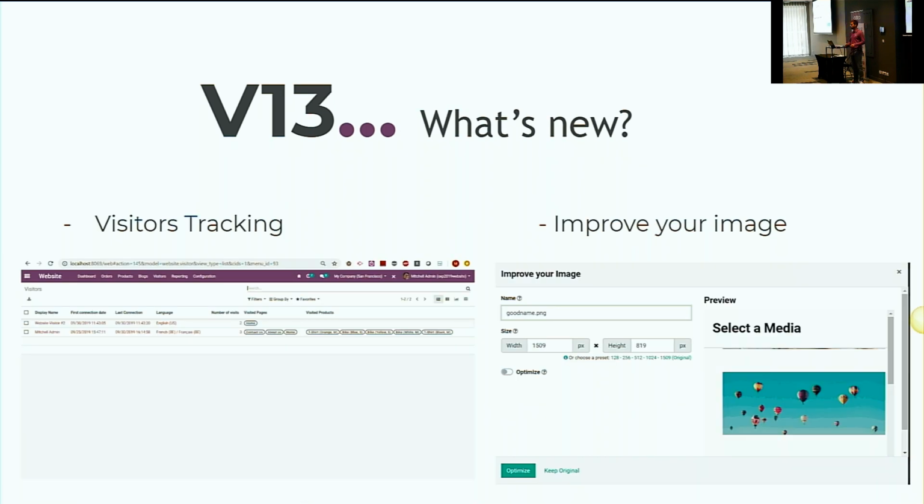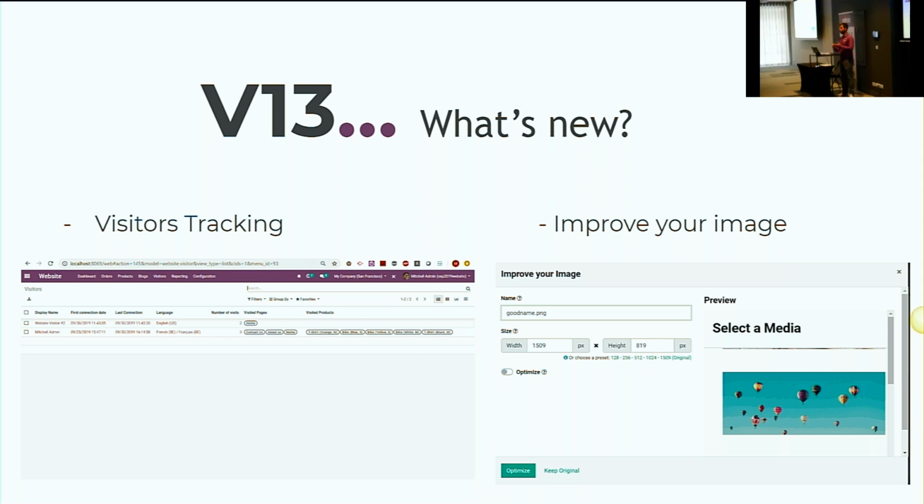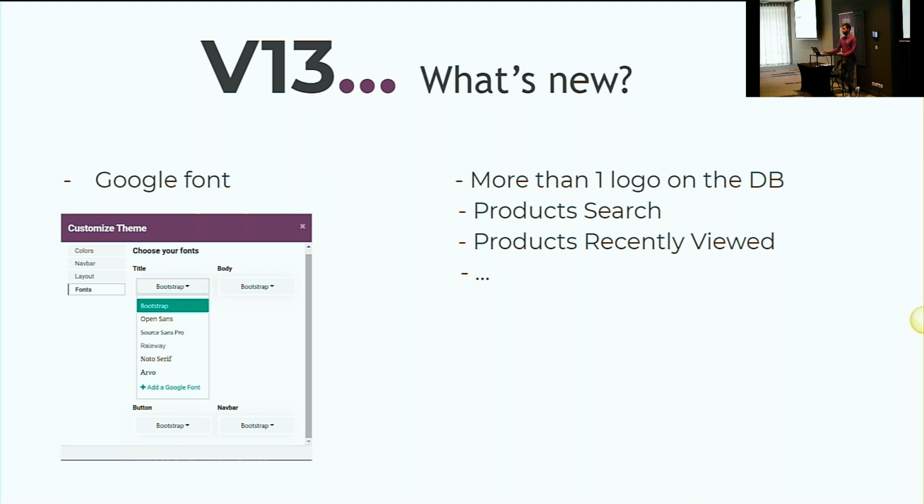Here you can group by countries, by page, by moments, by continents, and so on. You have improved image handling, very important for optimization. You can directly change the size. Before it was very painful to change the size. And last but not least, you have the different Google fonts that are now available on your website.